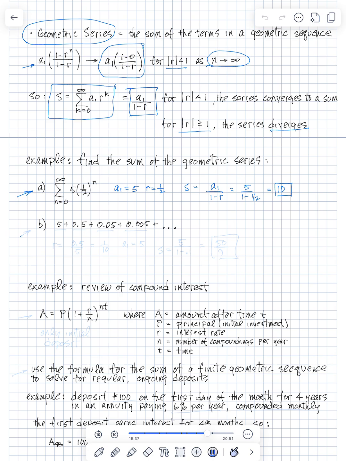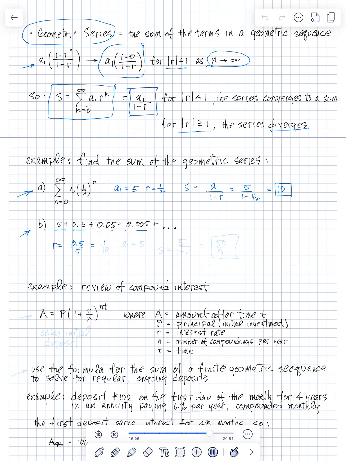Let's look at the next example. So we have 5 plus 0.5 plus 0.05 plus 0.005 plus ... Well, first we have to figure out what r is. r is equal to 0.5 divided by 5.